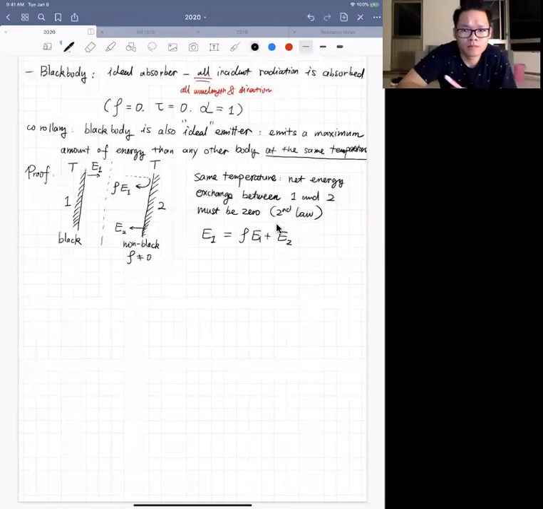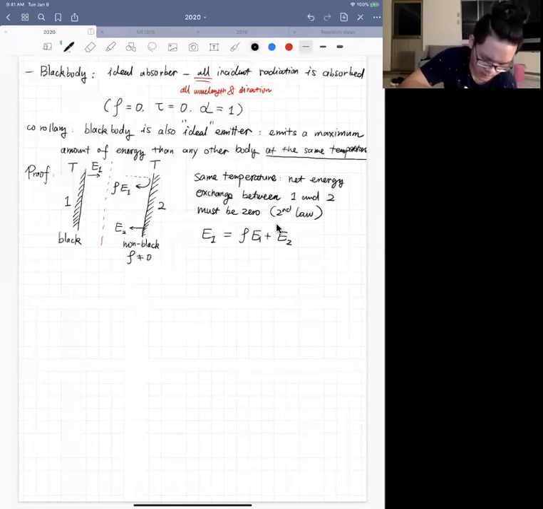But there you have a fraction of E1 reflected back from surface 2, plus the emission from the second surface itself. So you must have this equality. If rho is greater than 0, if the second surface is non-black, then you must have E1 greater than E2.